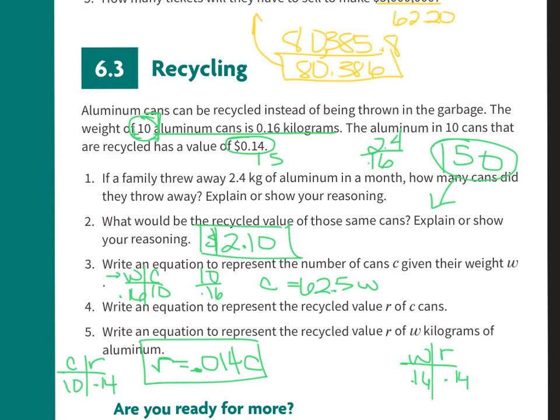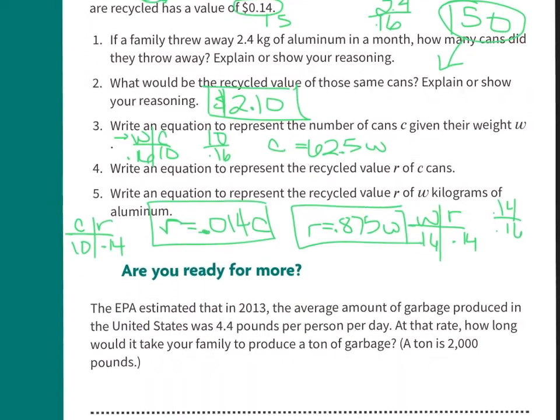So second column divided by first column, I'm going to go 0.14 divided by 0.16. That gives me 0.875. So 0.875 times your first column W equals your value R. Okay? And I believe that's it.